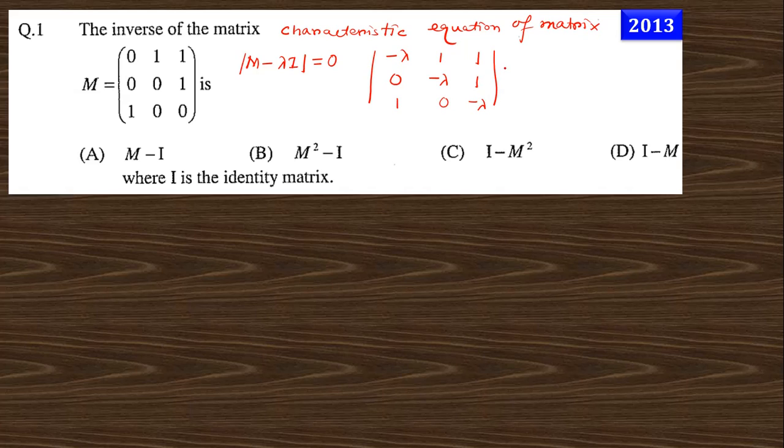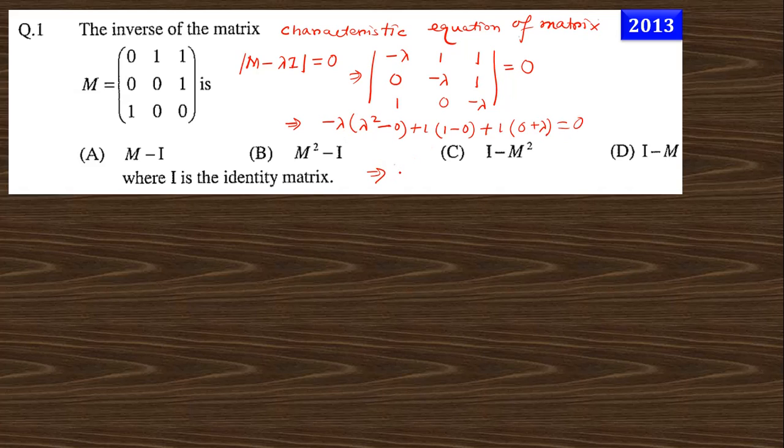Just expand this, and you get this will be 0. So minus lambda times lambda square minus 0, plus 1 times minus 1 minus 0, plus 1 times 0 plus lambda, which is equal to 0.